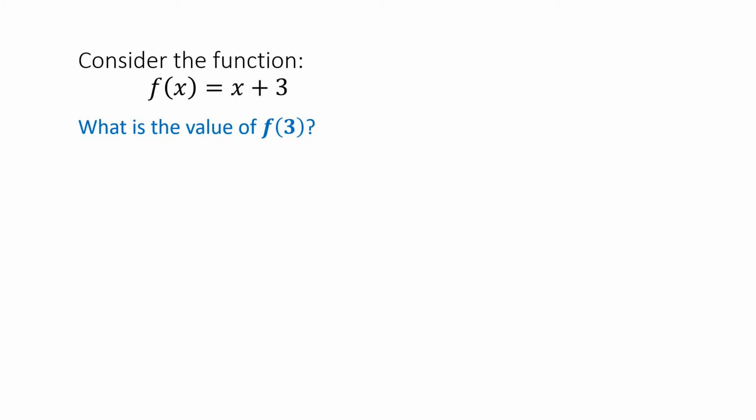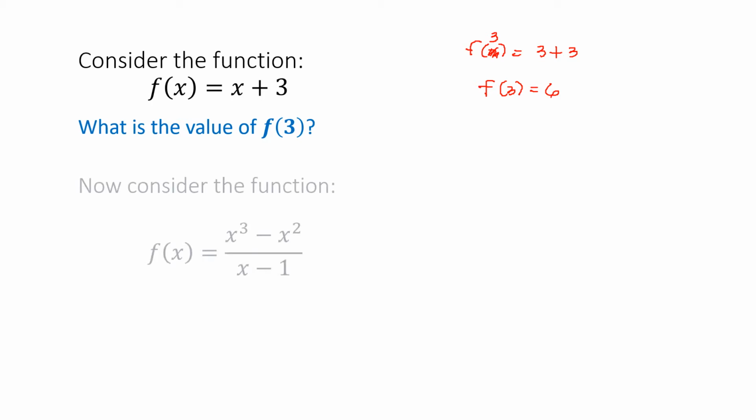So they mean the same thing, okay? So in this case, I would write f of 3 is equal to 3 plus 3. So therefore, f of 3 would be equal to 6. So the value of the function at x is equal to 3 is 6. So that's how you evaluate it.